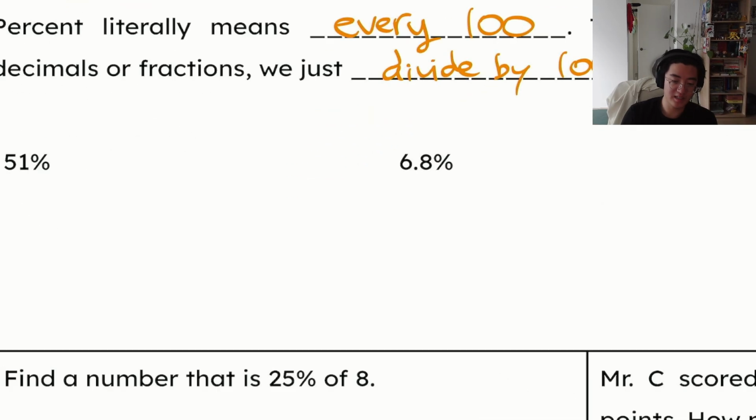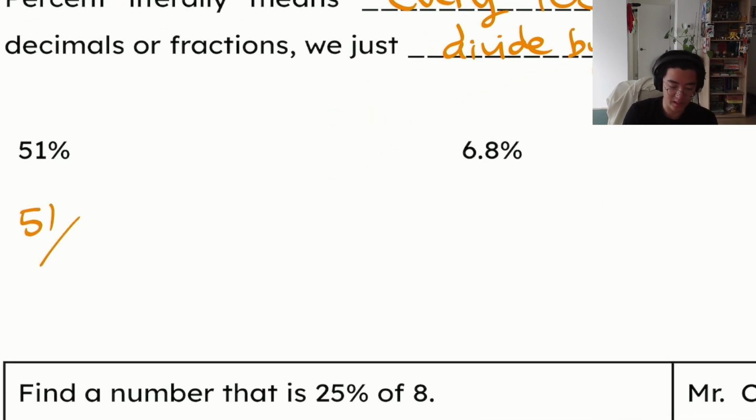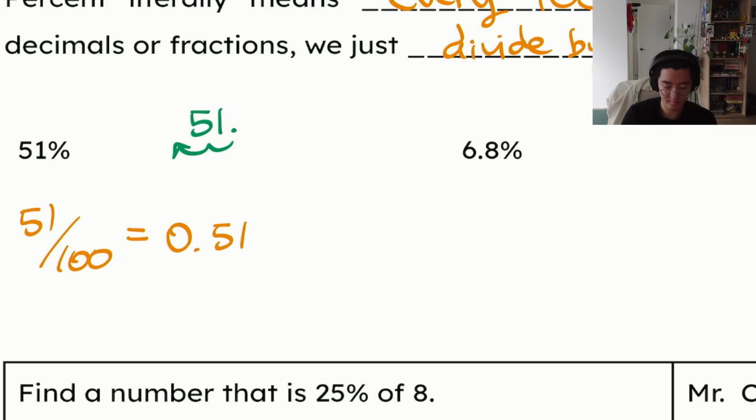So 51% is just 51 divided by 100. We got 51 here, we got the decimal place here. Divide by 100, so we just move 2 decimal places to the left to get 0.51. Now 6.8, divide by 100.